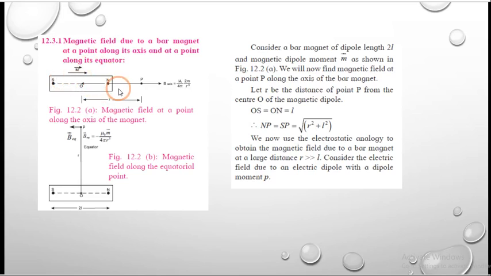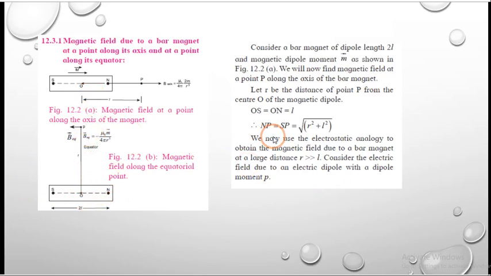So if SN is equal to 2L, then OS is equal to ON is equal to L. If I join these two points, SP and NP, and the value of ON or OS is L and the value of this OP is equal to R, then we can easily find the value of NP or SP with the Pythagoras theorem, either in triangle ONP or in triangle OSP.